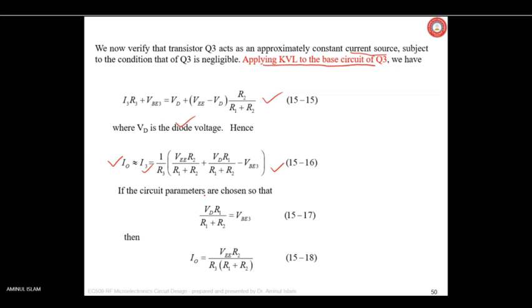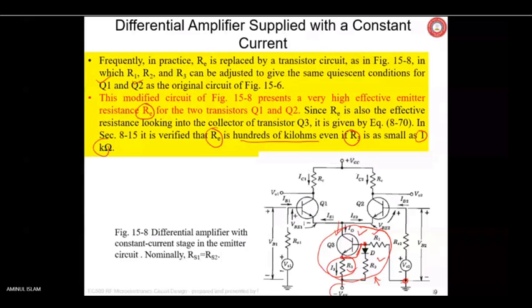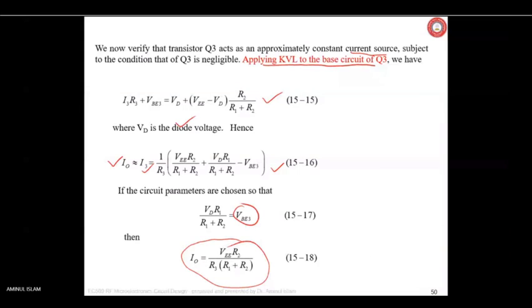If the circuit parameters are chosen so that VD R1 by (R1 plus R2) is equal to VBE3, then we can write this expression: IO equals VEE, the negative potential at the emitter side, divided by R3 times (R1 plus R3).